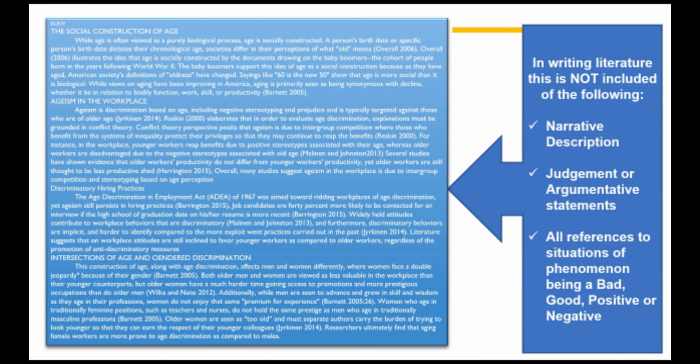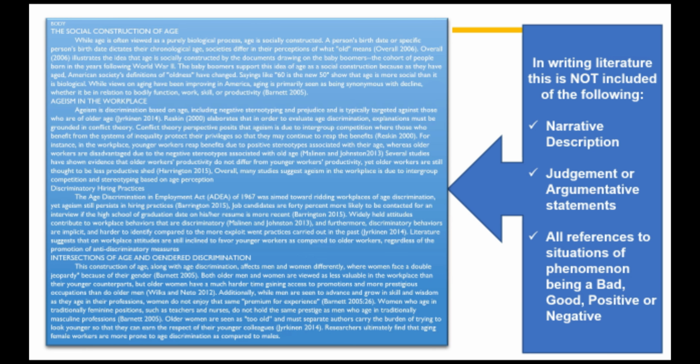These are the tips throughout the paper. Take note of the following, which are not included when writing a literature review. Description, especially narrative description, is usually not included. There is an absence of judgment or argumentative statements.